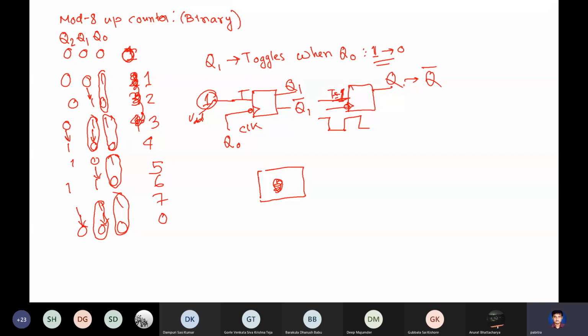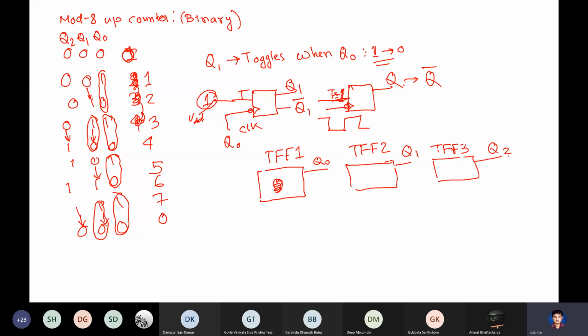So this is my, say, TFF1, toggle flip-flop 1, and this is my TFF2, and this is my TFF3, and this is my Q0. I'm not drawing the bar. This is my Q1, and this is my Q2.